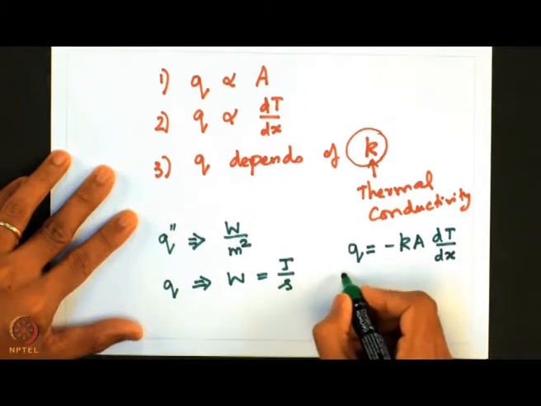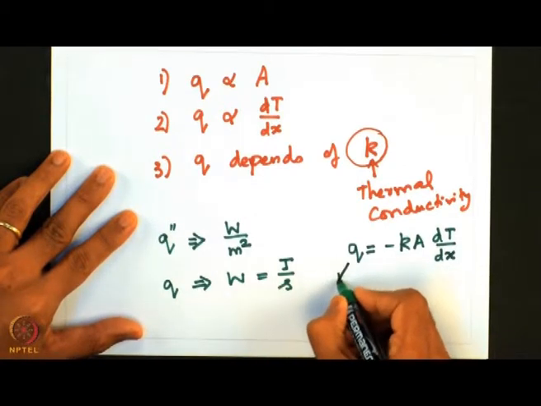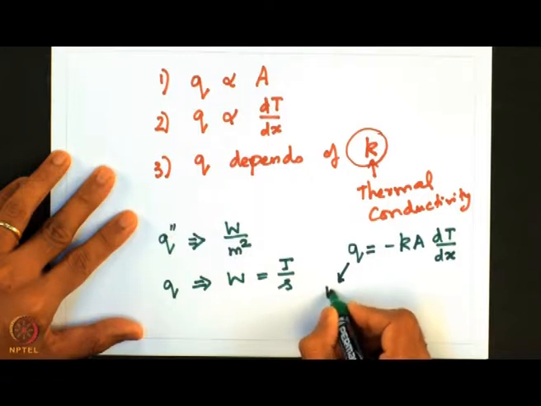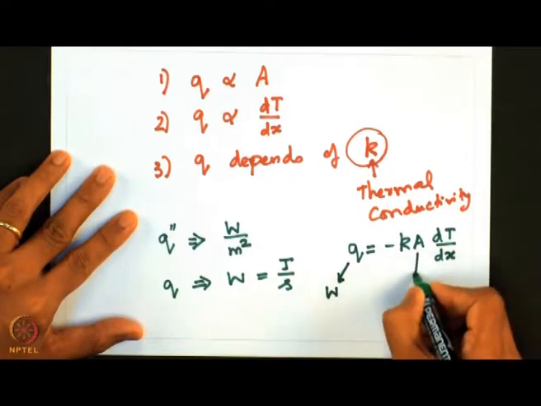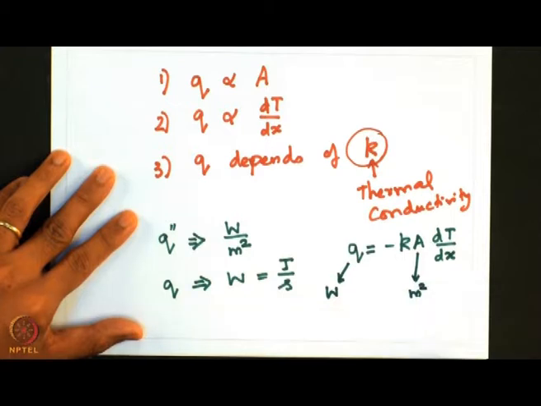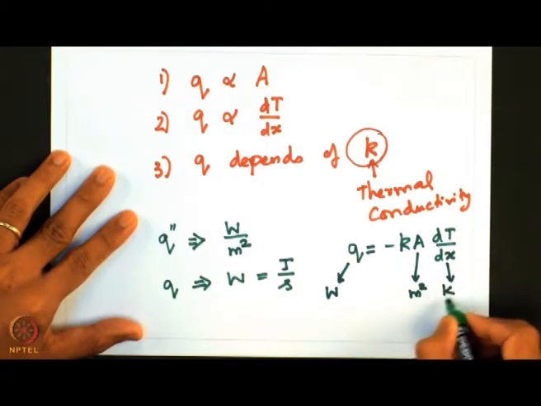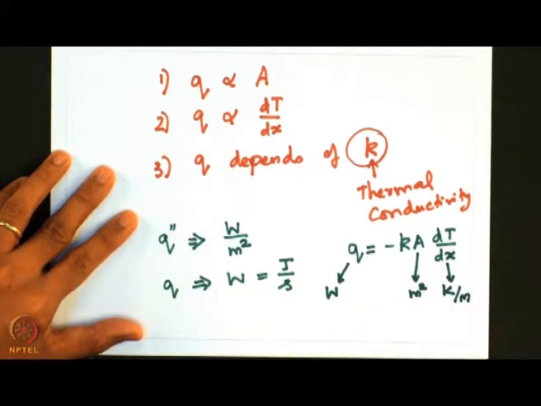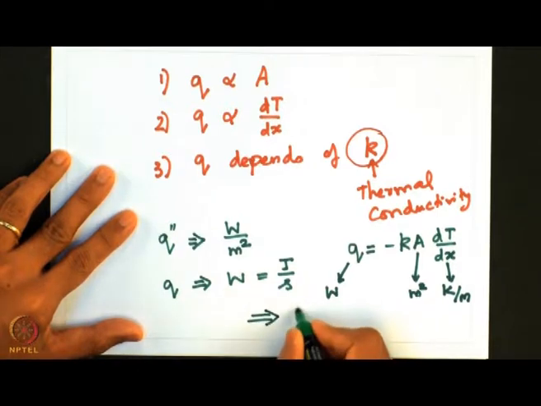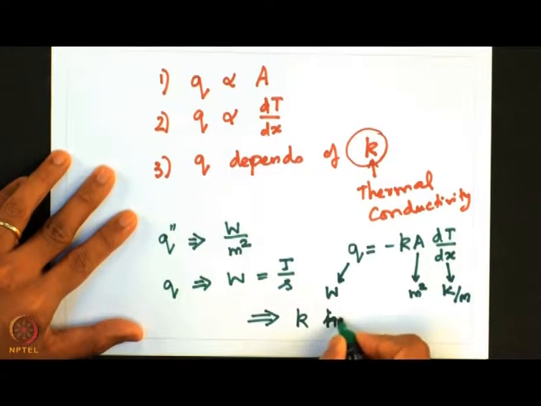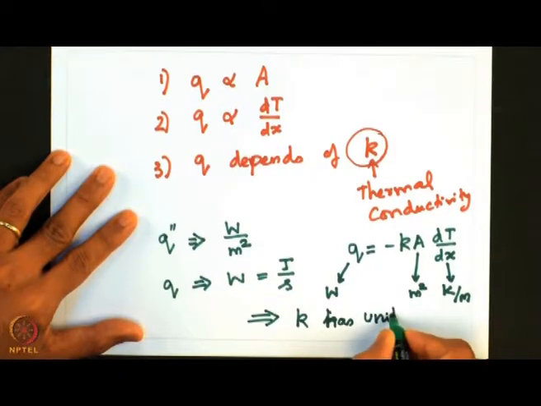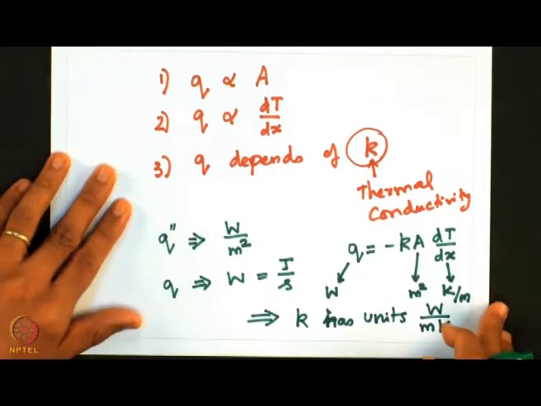If I set the units here, the units of Q is watts, the units of A is meter square, and the units of dT by dx is Kelvin per meter. Therefore, from here we can easily see that thermal conductivity has units of watt per meter Kelvin. That is the unit of thermal conductivity of any material.